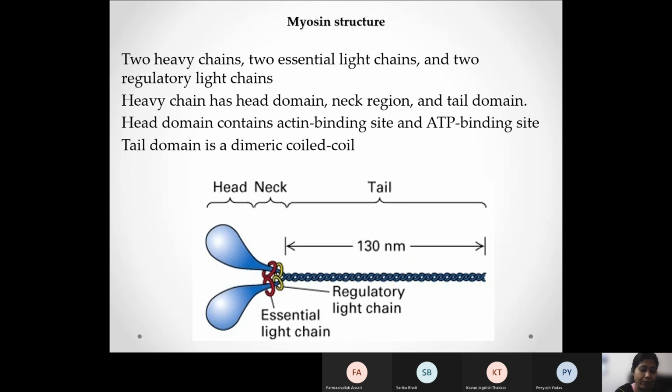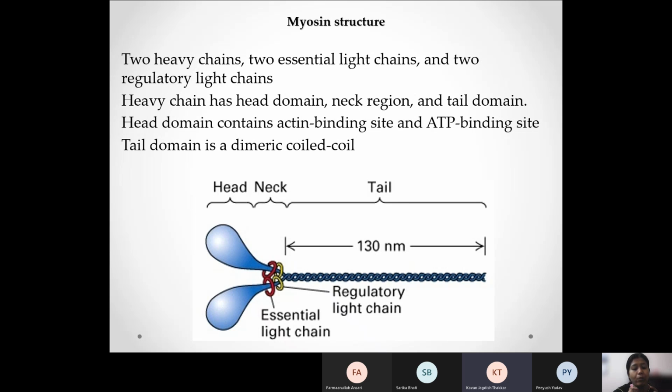When we look at the heavy chain, we see that it has a globular head and a helical tail, and between them there is a flexible region, which we call the neck region. Along this neck region are bound the essential light chain and the regulatory light chain.